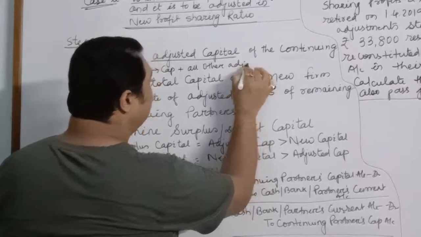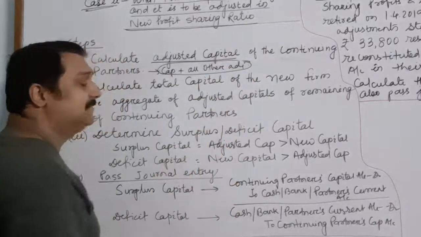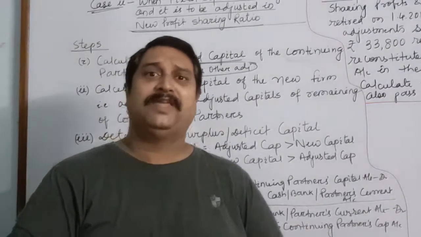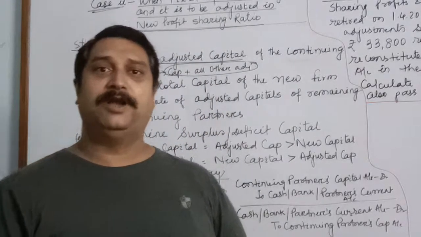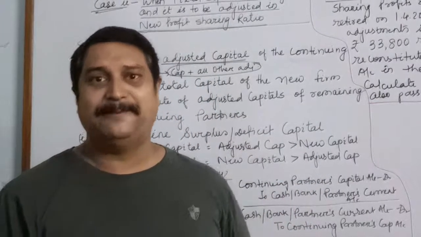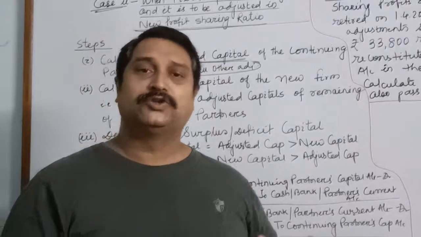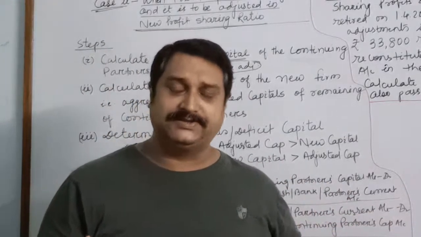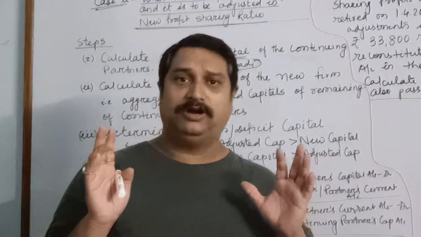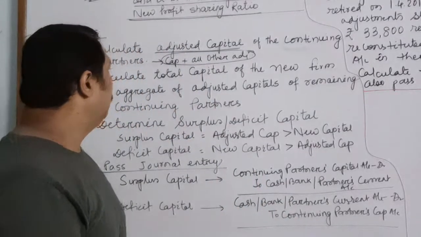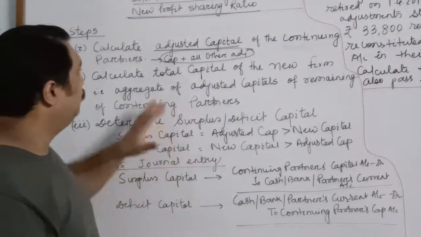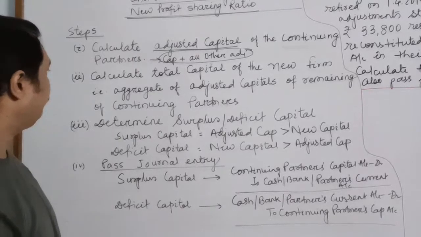The other adjustments can be regarding your reserves, surplus, goodwill, accumulated profit, accumulated loss, goodwill which is appearing in the books of the firm. So after all these plus and minus, whatever is left, that is called the adjusted capital. So the first thing which you have to do is to find out the adjusted capital.